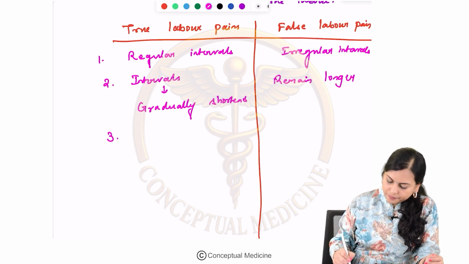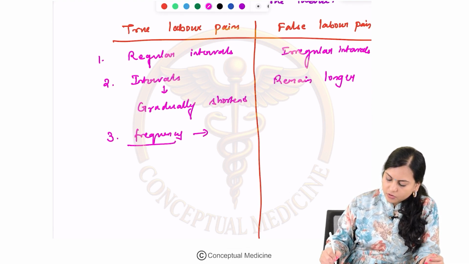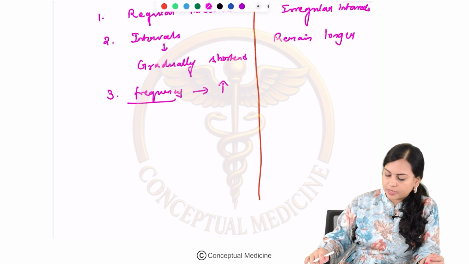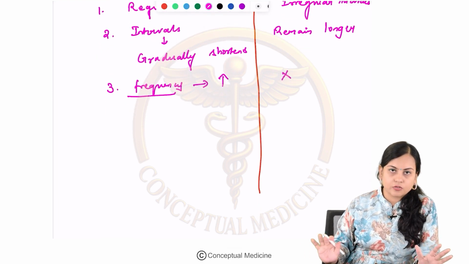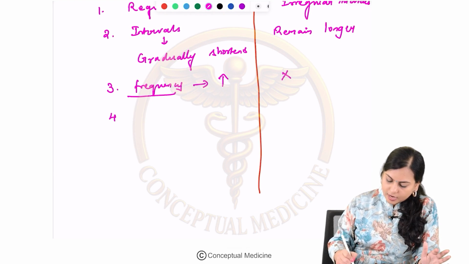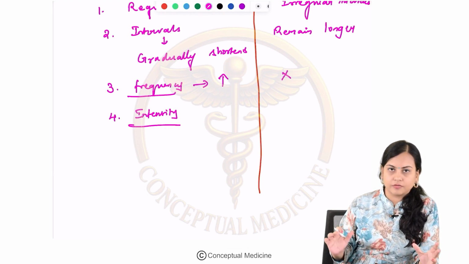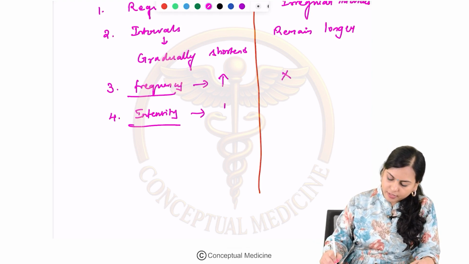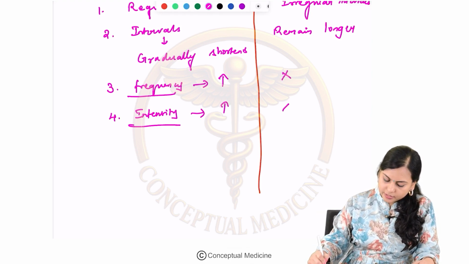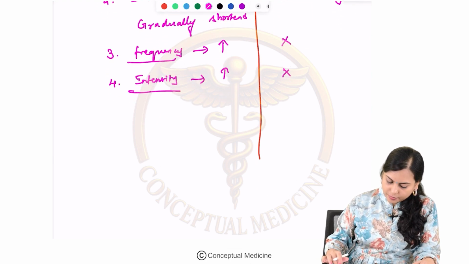The same way, the frequency is also going to increase in true labor pains, whereas such a thing does not happen in false labor pains. And the intensity, that is the pressure with which the contraction is happening, is also going to increase in true labor pains, whereas it is not seen in false labor pains.